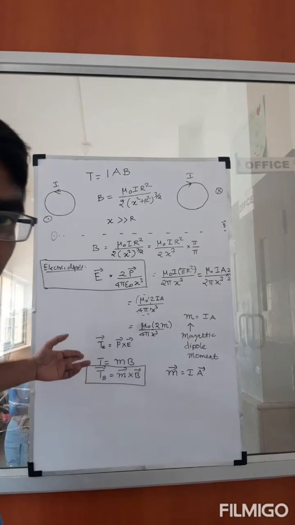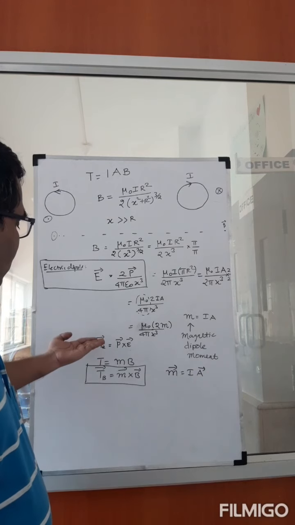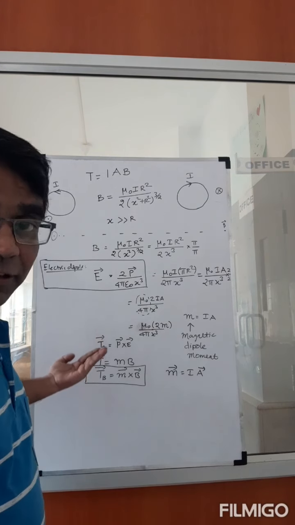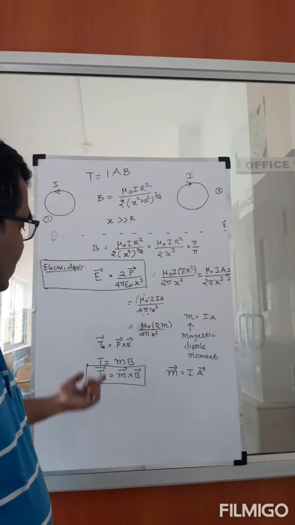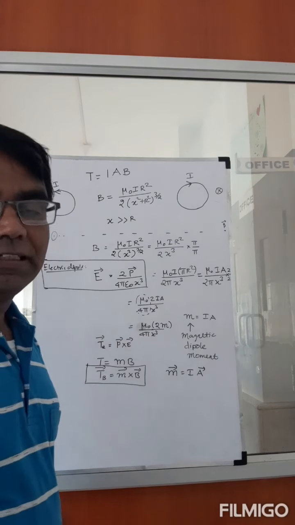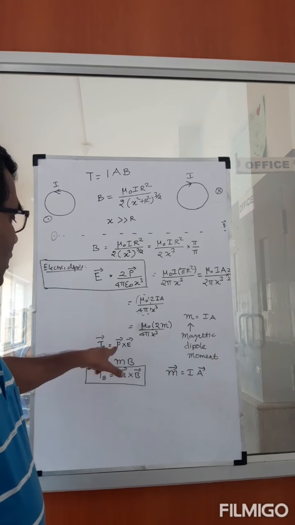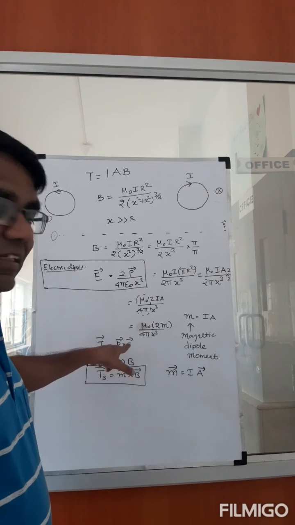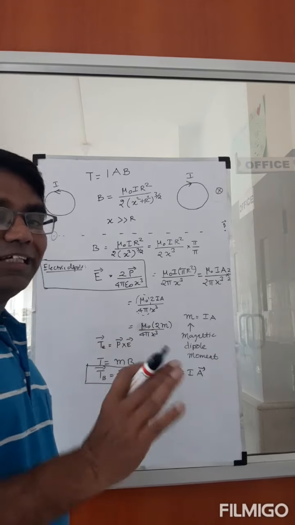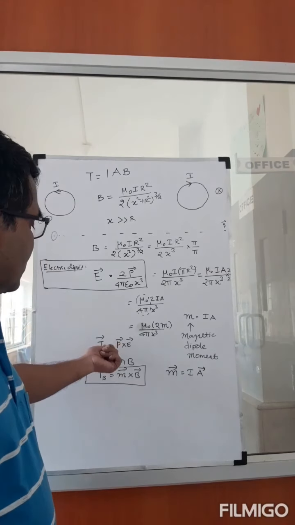It's similar to your electric torque when dipoles were involved. If you keep a dipole in an external electric field, it is going to experience a torque, given by this expression.